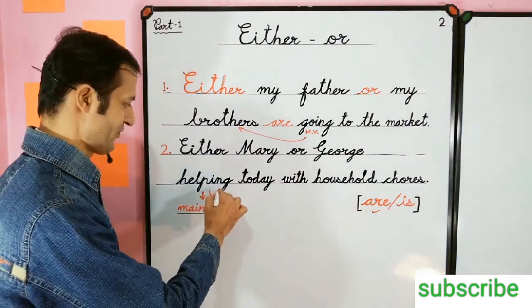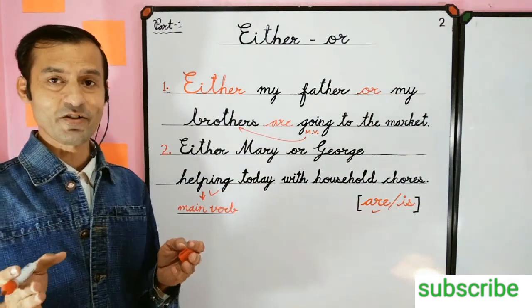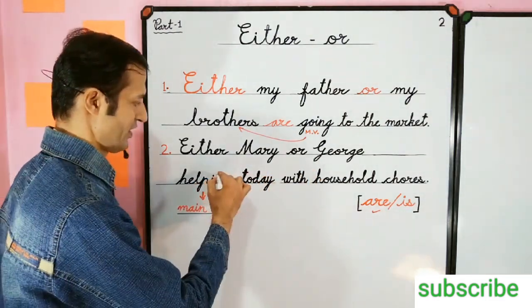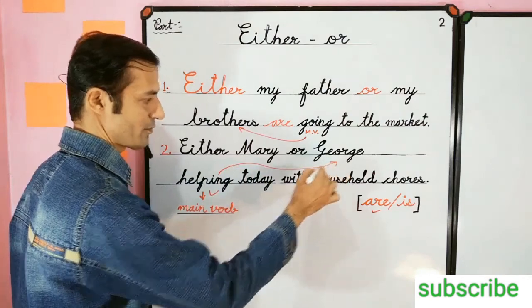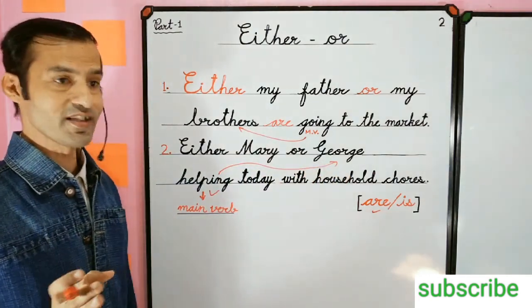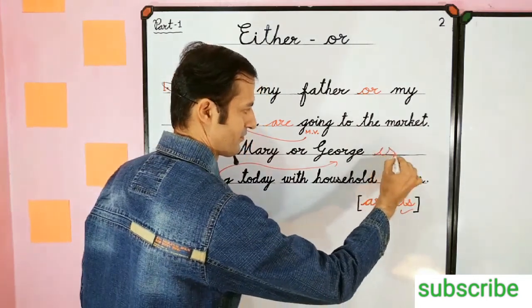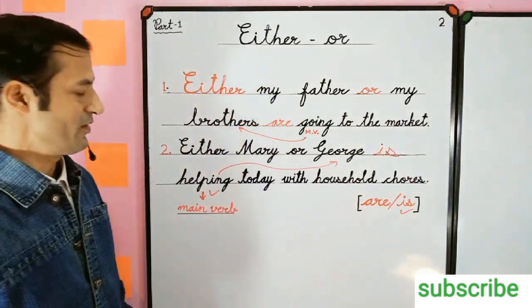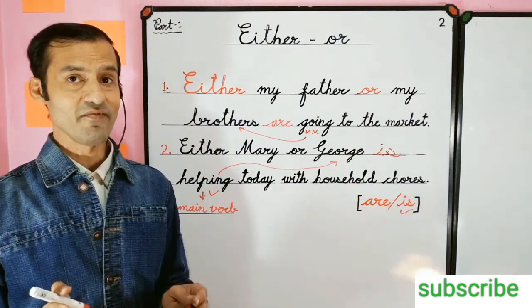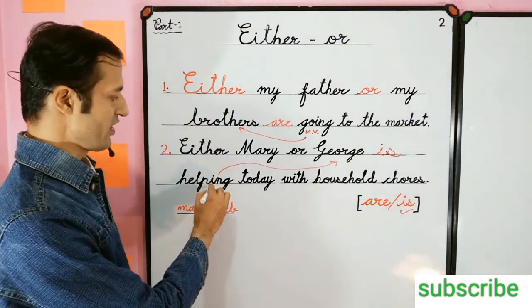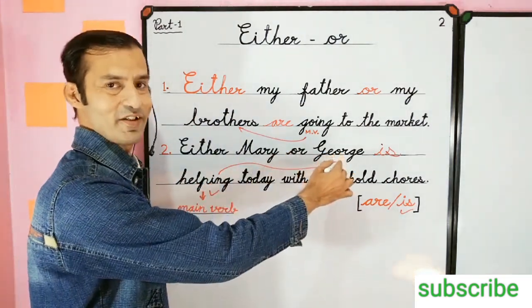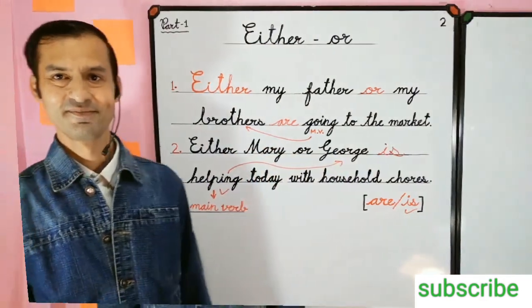Here is the verb. If the subject closest to the verb is singular, then we use the singular verb is. And remember that the main verb must agree with the nearer subject, not the farther subject.